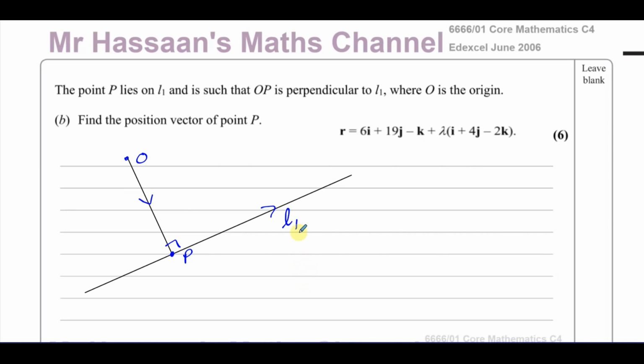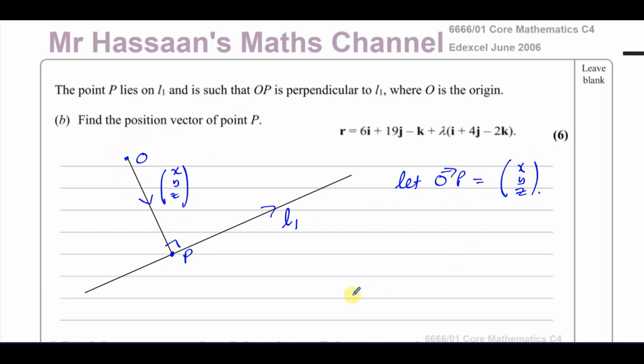Okay, we know that they're perpendicular, right? Now we want to find the position vector of point P, which is going to be given by, let's call it x, y, z. When it says find the position vector of P, it means find the vector from O to P. So let O to P be x, y, and z.